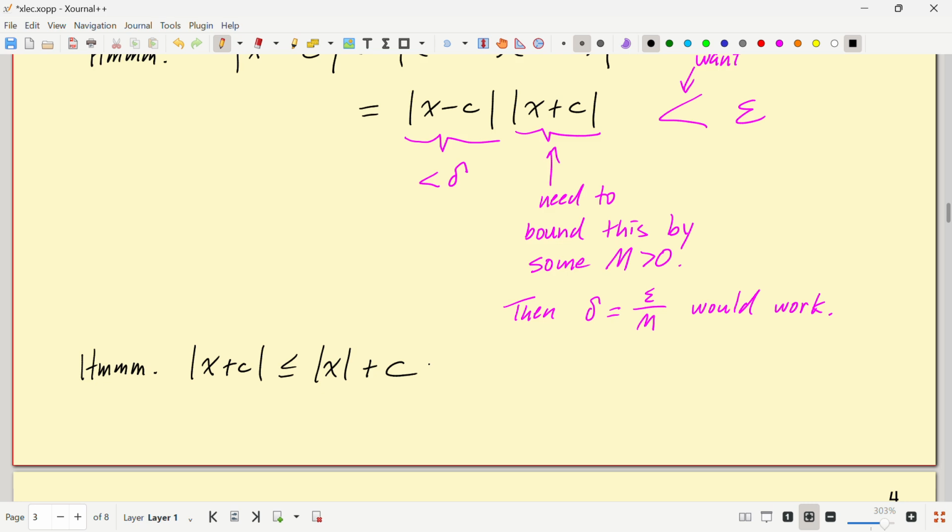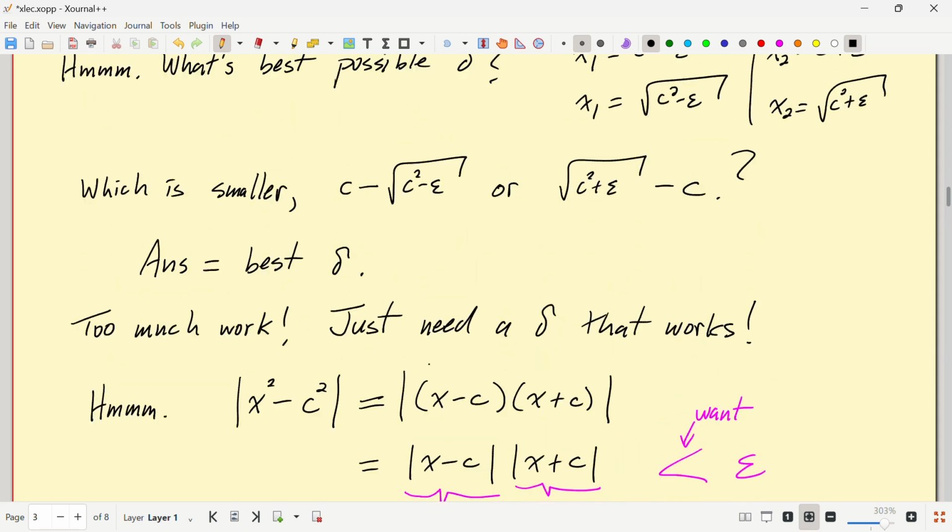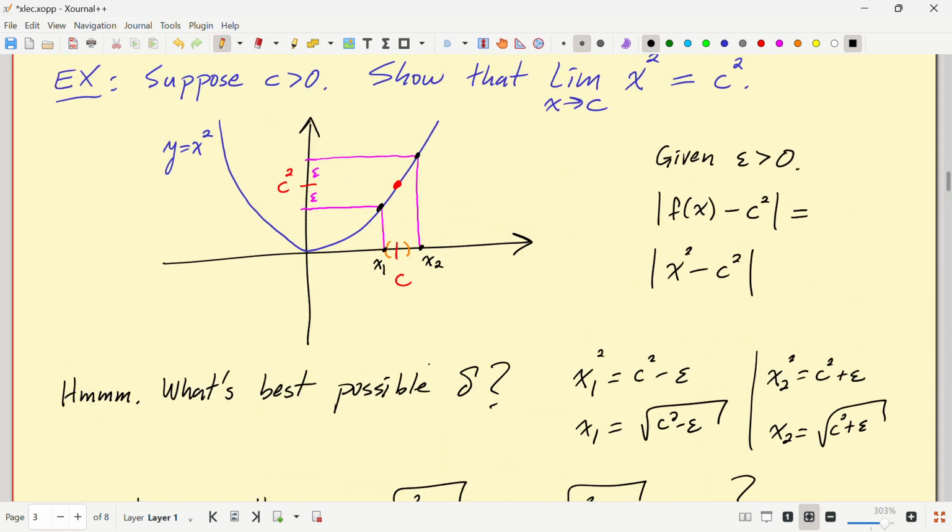So if I go back up to my picture, my graph, there it is. Let's think about my delta. If my delta is bigger than c, then I could get some negative x's. That'd be a pain. And so I think I should take my delta to at least be less than c.